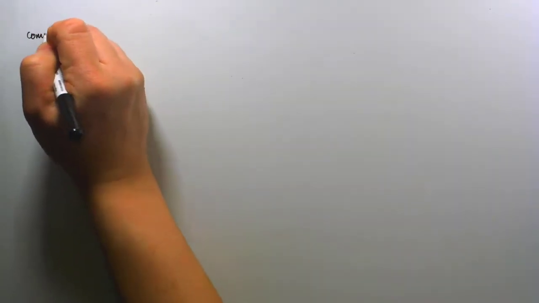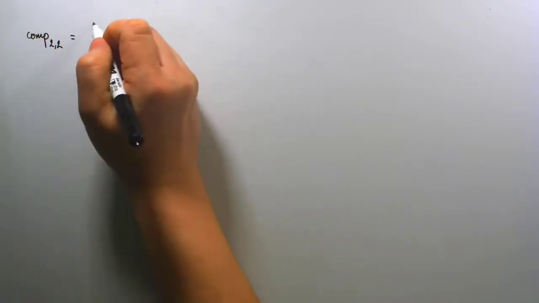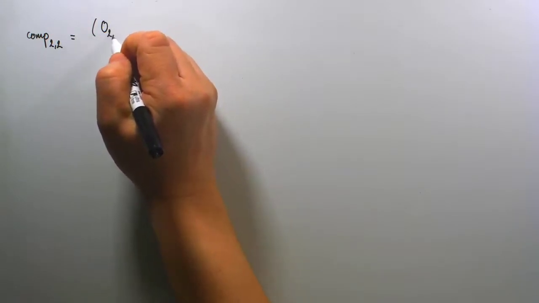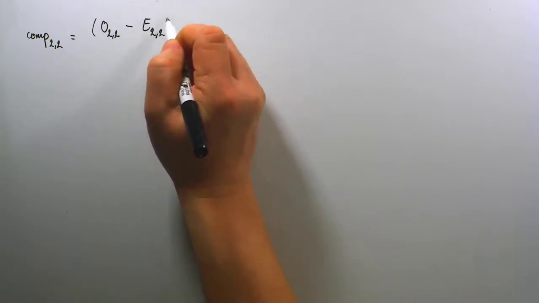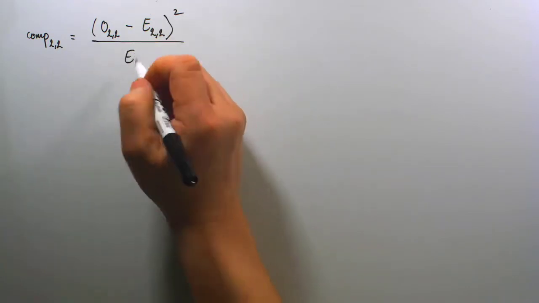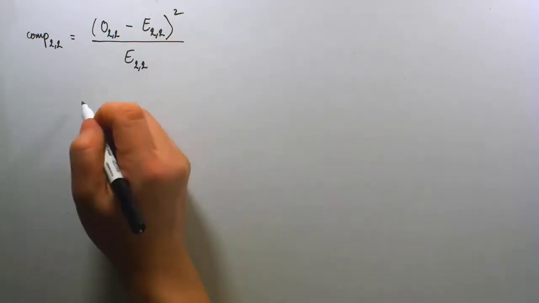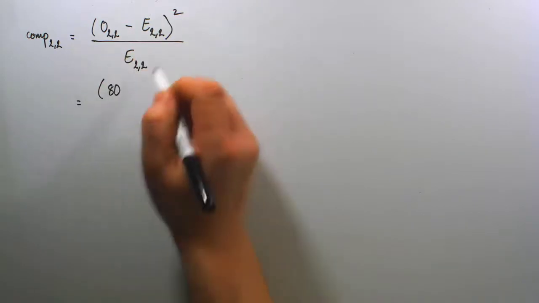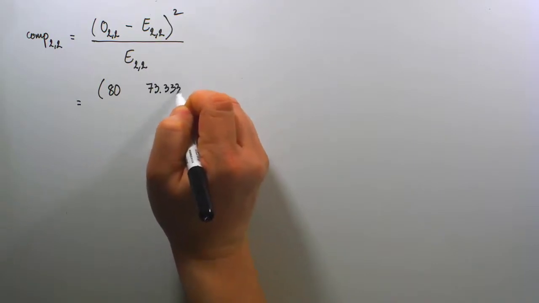For the component value for row 2, column 2, we're going to take the observed count minus the expected count in row 2, column 2, square the difference, and divide it by the expected count for row 2, column 2. The observed count in row 2, column 2 was 80, and the expected count was 73.3333, and a lot longer.